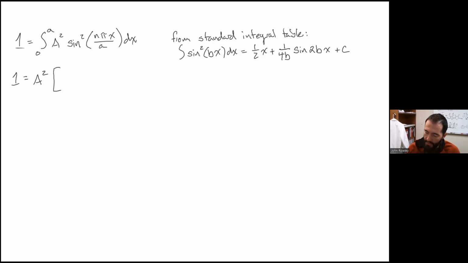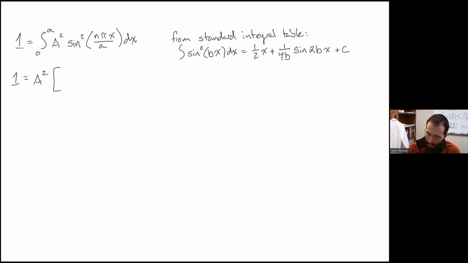Notice that the standard integral is of the form bx. For us, n pi over a is equal to b. So n pi over a is equal to b in this particular equation. So I'm going to rewrite the standard integral here.